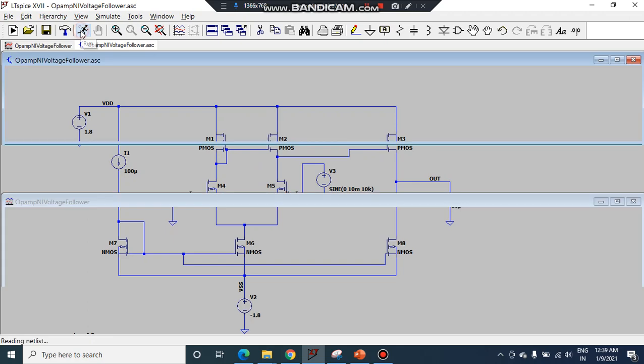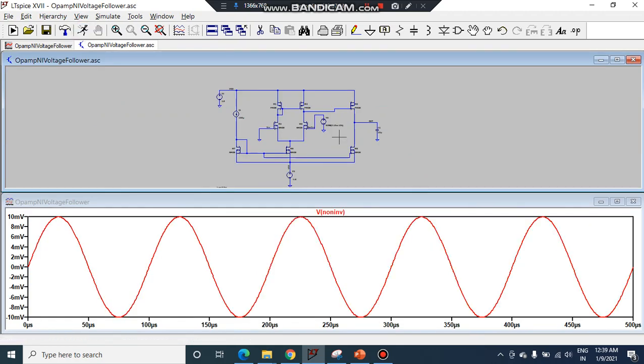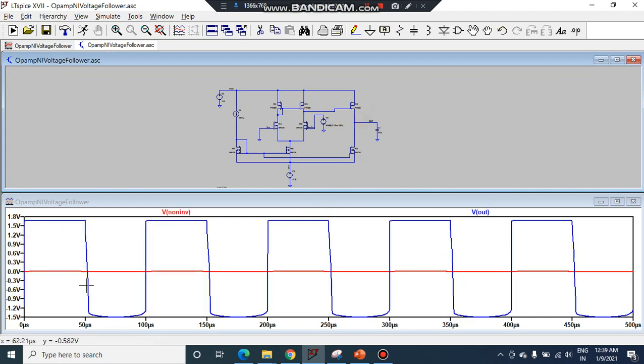So let us run it. I select input. So this is my input, and now let us go for output. So as you can see, the output is very large, almost approaching 1.8 volt, and is a pulse shaped signal because op-amp is saturated, being in open loop condition.